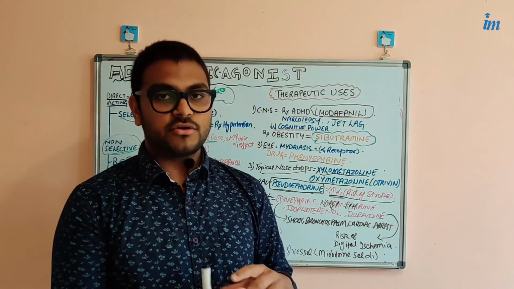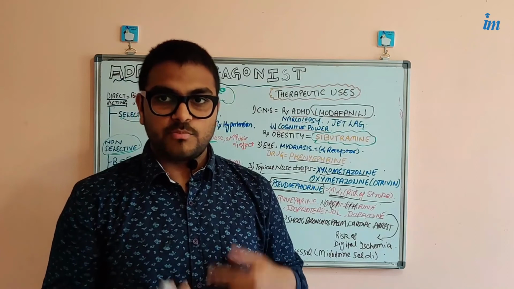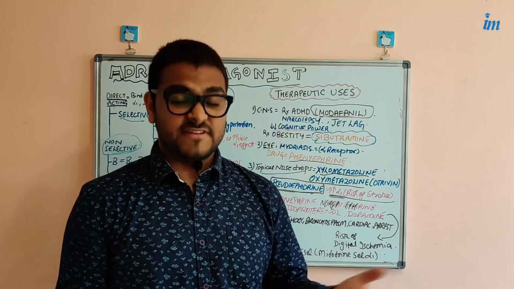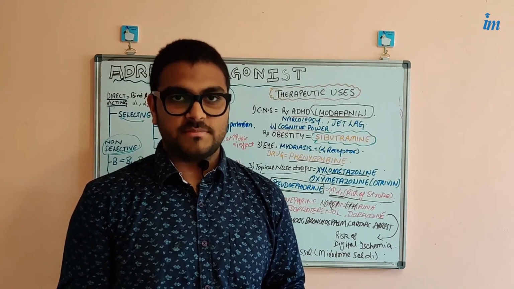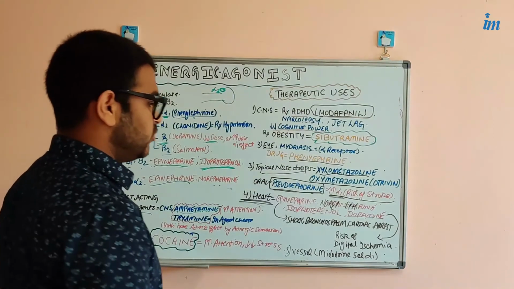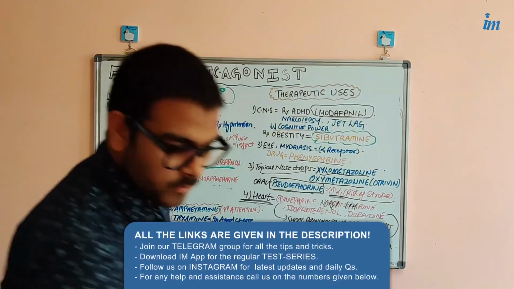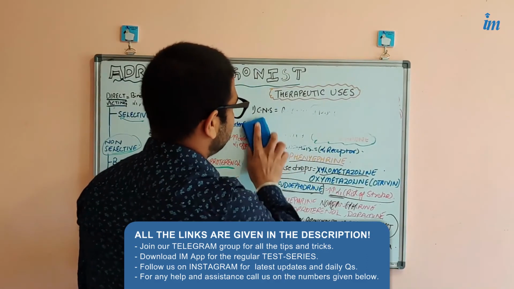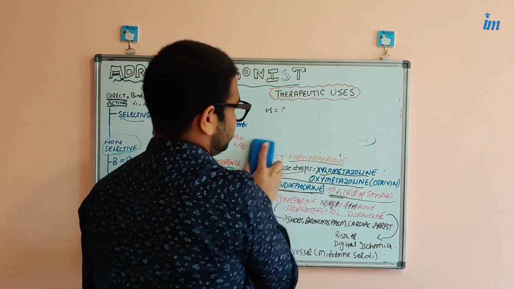So your fingers can undergo ischemia and necrosis. The vessels of your GIT will undergo what? Ischemia because of constriction. So it should be used very carefully.